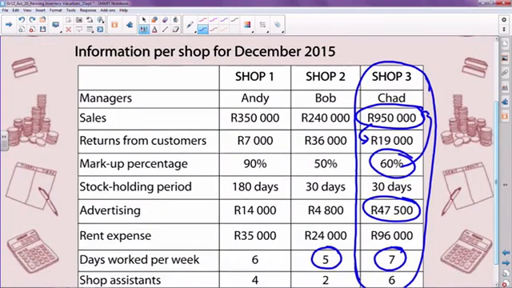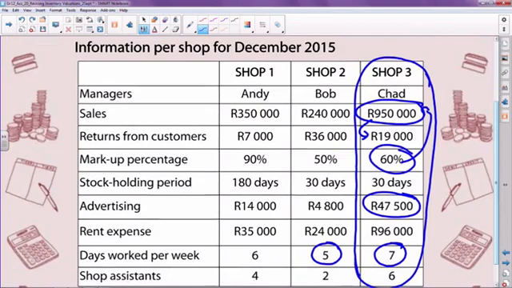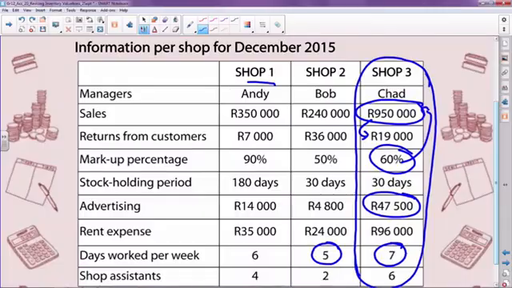The business opened for 7 days. So those are good practices. And clearly you can see that in that question, you didn't have to give advice because it was good practices that you were identifying. Whereas in the case of Andy's shop and Bob's shop, there were certain challenges, and therefore you had to identify the challenge and give the suitable advice to those two guys, Andy and Bob.